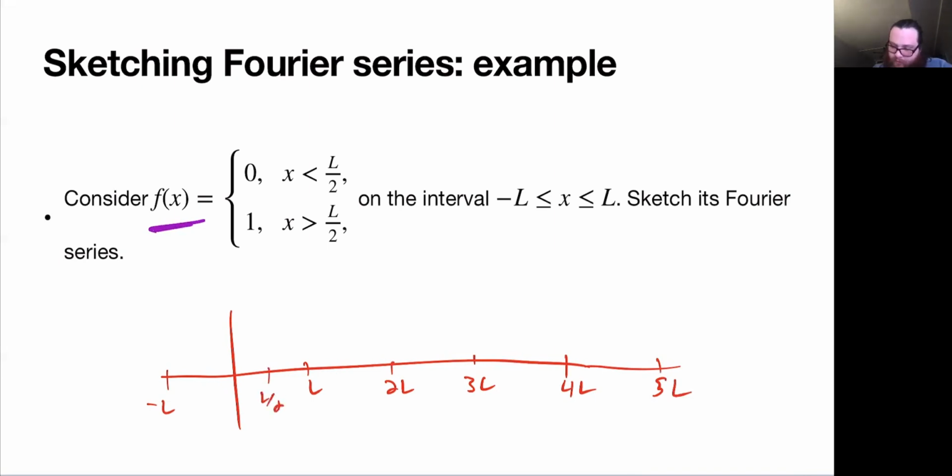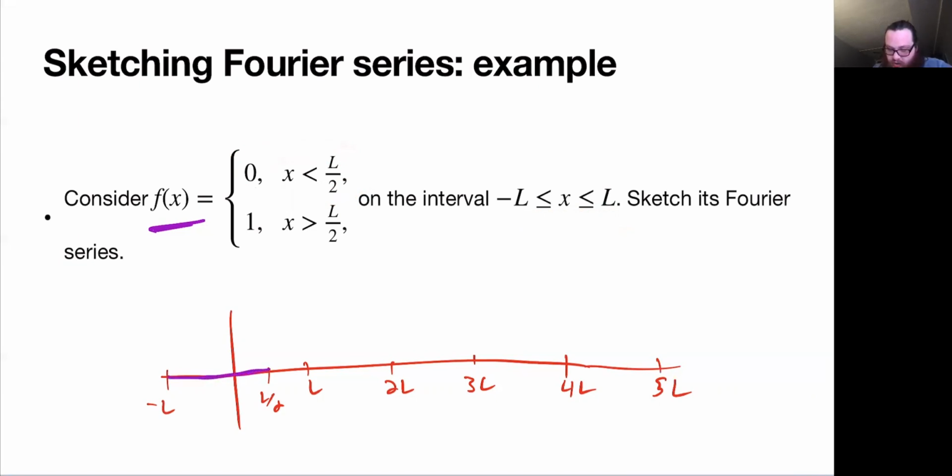It's right there. So for x less than L over 2, and again, on the original domain of definition, so implicitly x between minus L and L over 2, the function is 0.